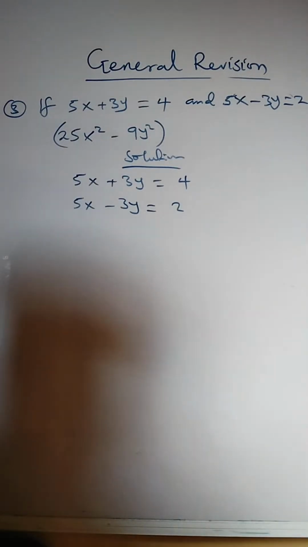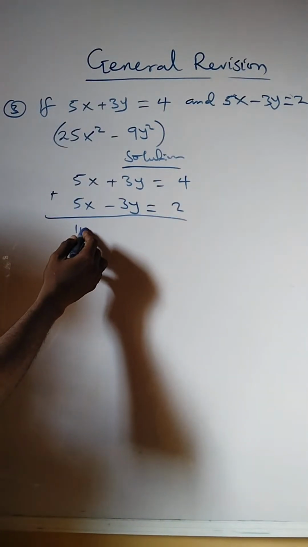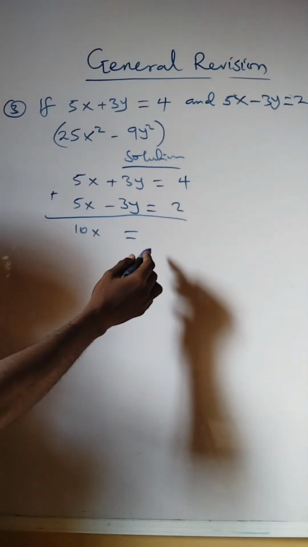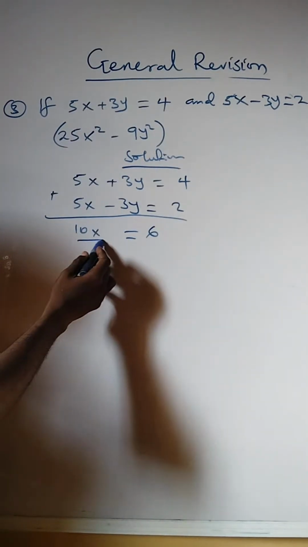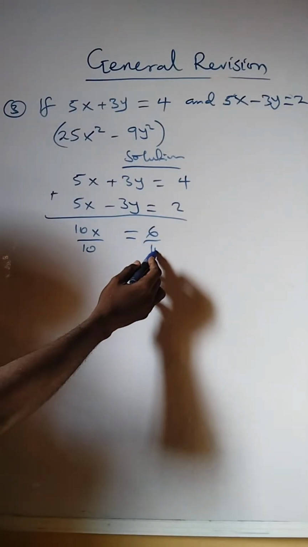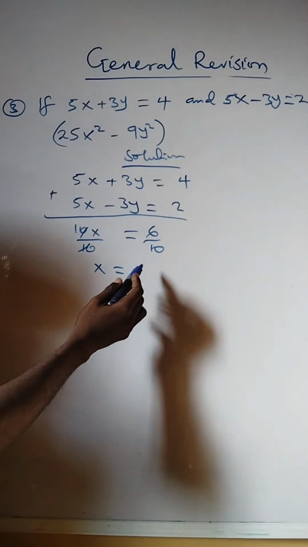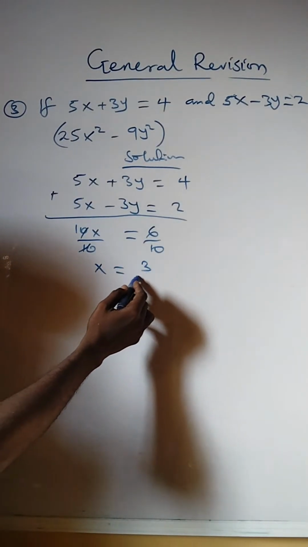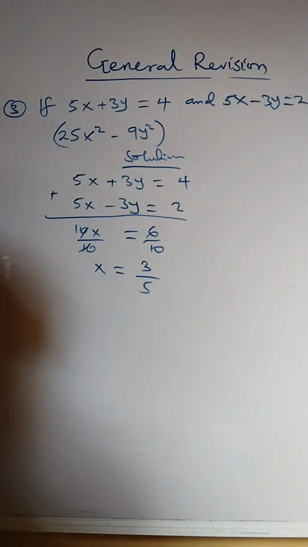We can eliminate y first by adding these two equations. This gives us 10x, and y is eliminated. 4 plus 2 is 6. Divide both sides by 10 to get x. We have x equals 6 over 10. 2 goes in 6, that's 3, and 2 goes in 10, that's 5. So x is 3 over 5.